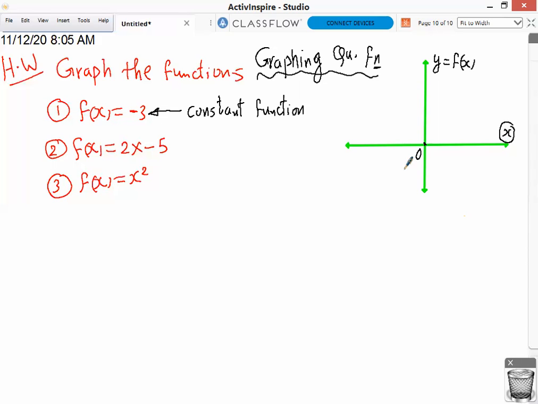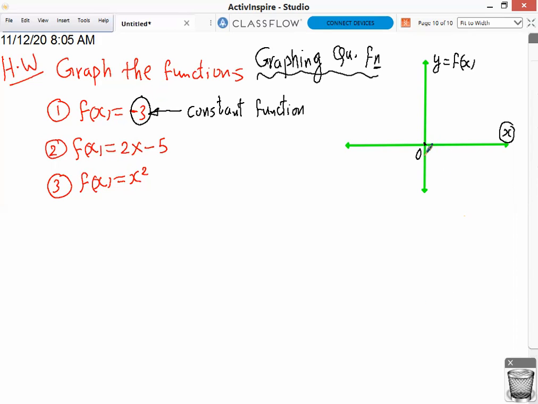Then here, according to this, if we have f of x equal -3, okay, from here it's -1, it is -3. Is it for y or x? Y. Good.